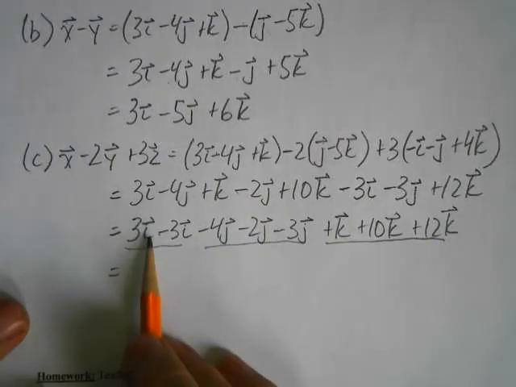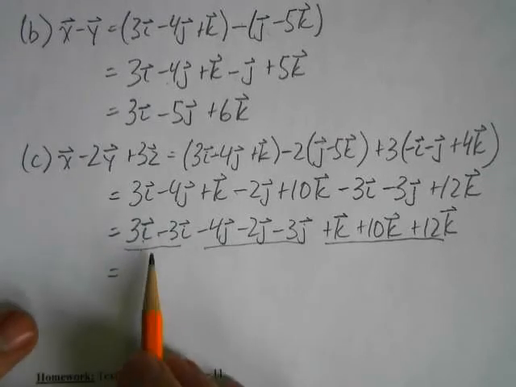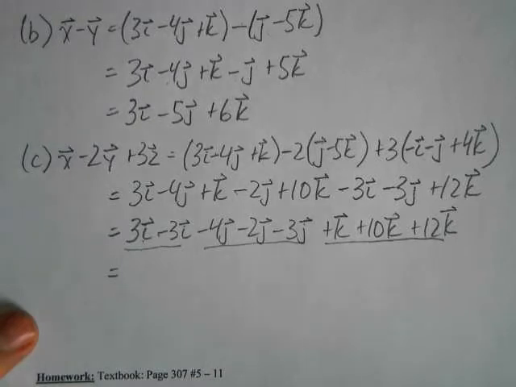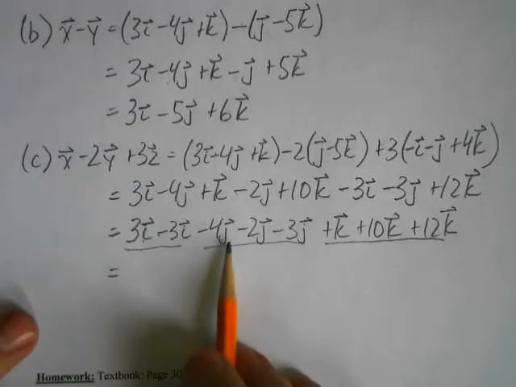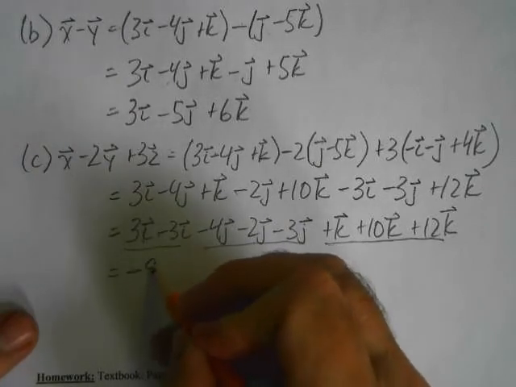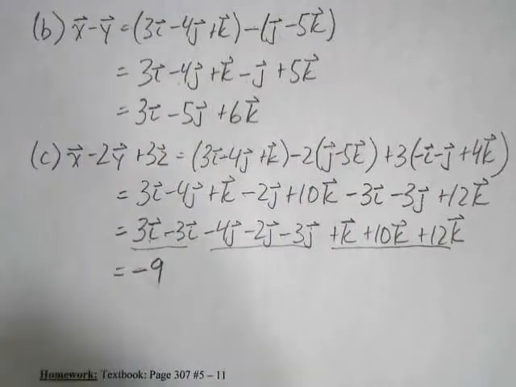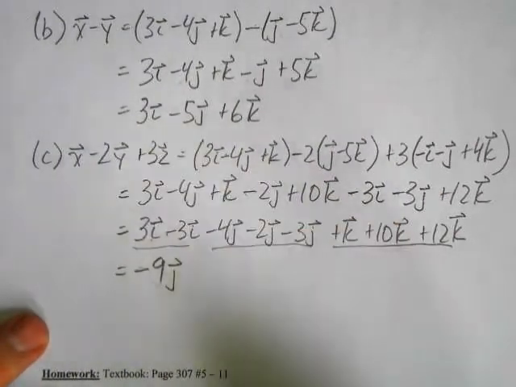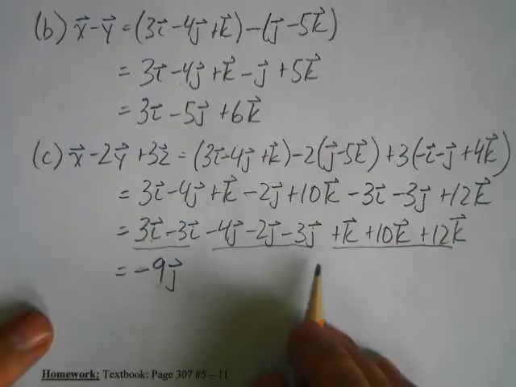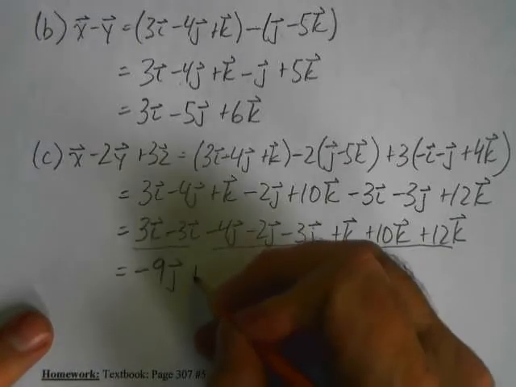So those two actually cancel each other out. 0i is a 0 vector, so I don't have to write that. Here I got negative 4, negative 2, negative 3, so that's negative 9j. And here I've got lots of k's, 11, 23.